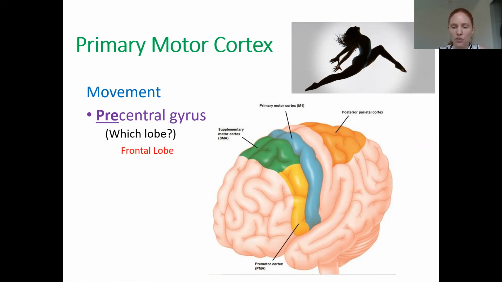The primary motor cortex that's going to cause you to move is on the precentral gyrus. This is where it's found, and it'll be on the frontal lobe.